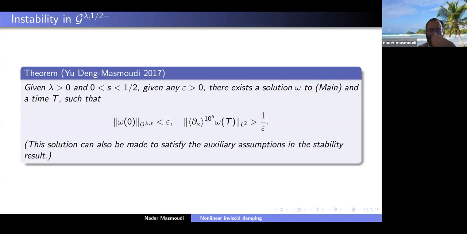So with you, Dan, we tried to prove that this kind of regularity is actually really needed. Basically, we prove some sort of instability if one considers a Gevrey class below Gevrey class 2. Usually the Gevrey class is 1 over s, so now I take s less than 1/2.